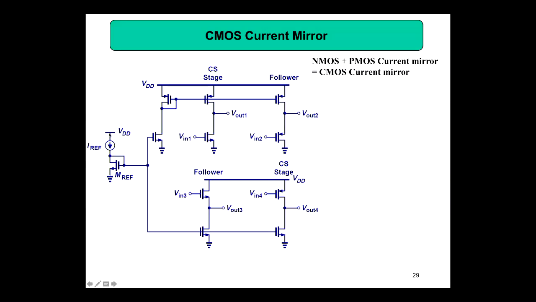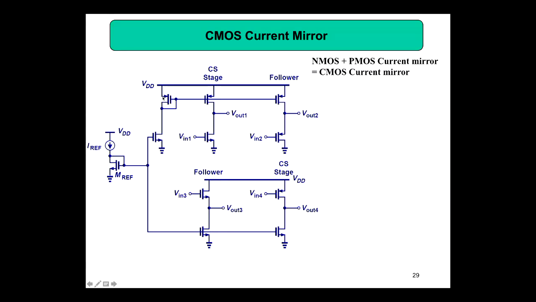Means here maybe 2 milliamps is coming, but for this one your requirement may be 6 milliamps. Then you can connect maybe here how many? Here 3 more you can connect. Here you can connect another maybe 3 more, 6 milliamps. Here if it is 4 milliamps, you can connect 2 in parallel.